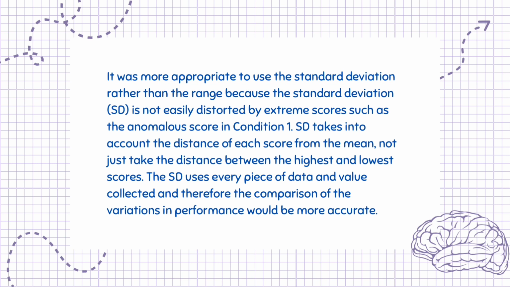It was more appropriate to use the standard deviation, SD, because it is not easily distorted by extreme scores such as the anomalous score in condition 1. SD takes into account the distance of each score from the mean, not just the distance between the highest and lowest scores. The SD uses every piece of data collected, and therefore the comparison of the variations in performance would be more accurate.